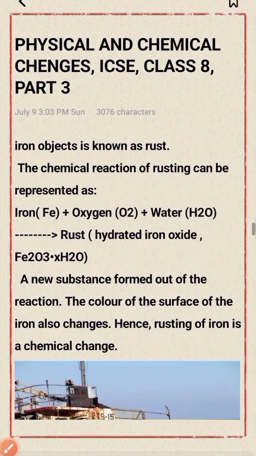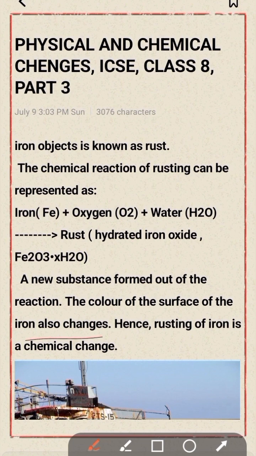That is a new substance formed out of the reaction. The color of the surface of the iron also changes. Hence rusting of iron is a chemical reaction.